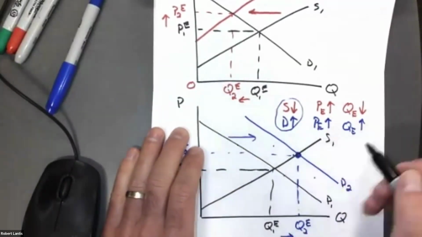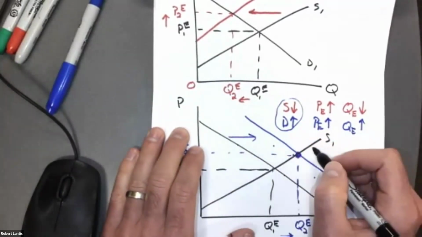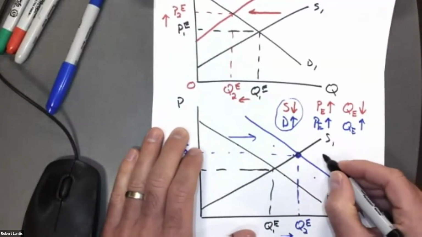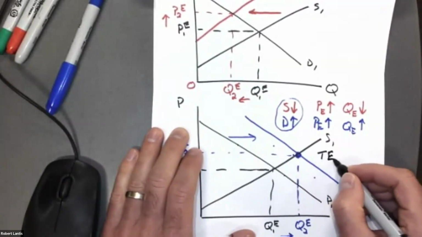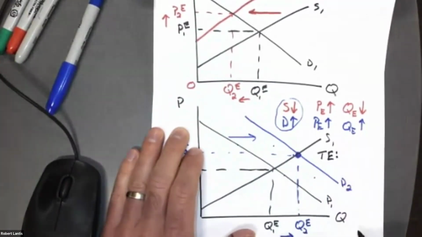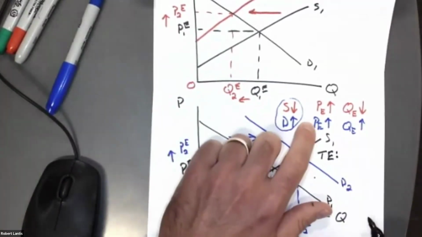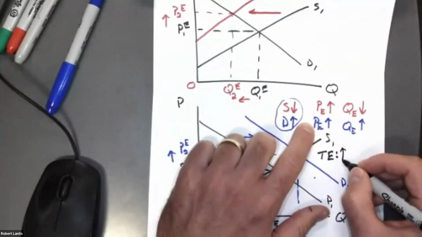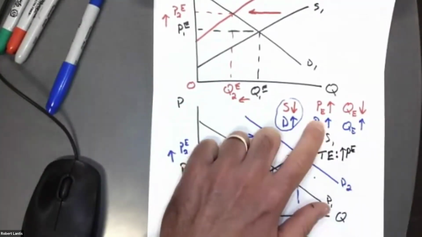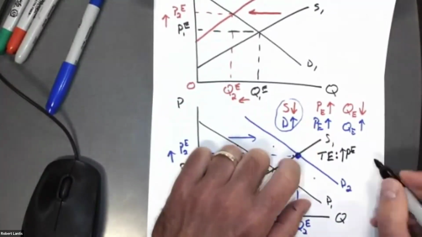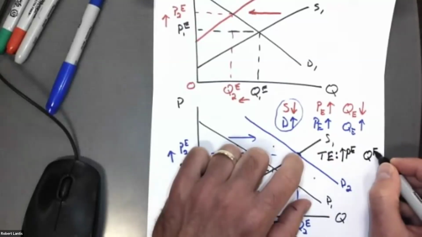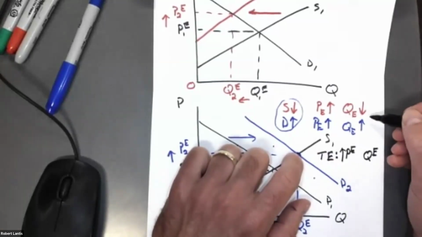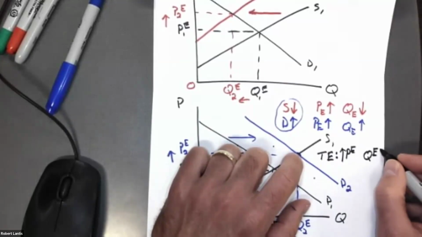Okay. So when these things happen at the same time, I could think about here, I didn't save myself quite enough room, but what would my total effect be? Well, for price, both these changes are causing the equilibrium price to go up, so I automatically know that equilibrium price is going to increase. However, what about my equilibrium quantity? Well, each change is pushing it in opposite directions.